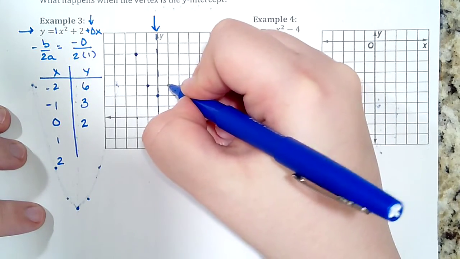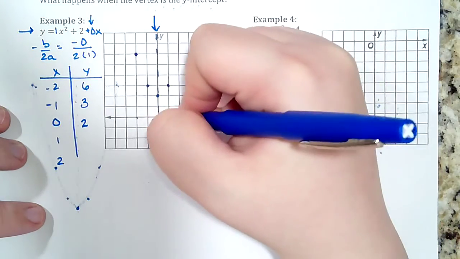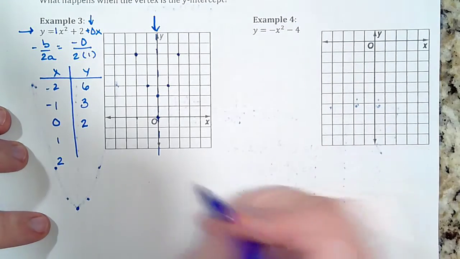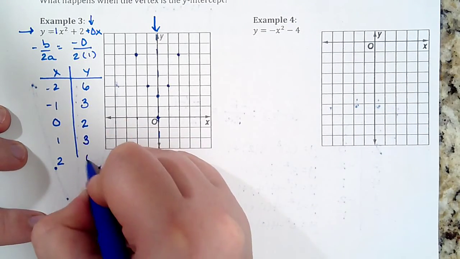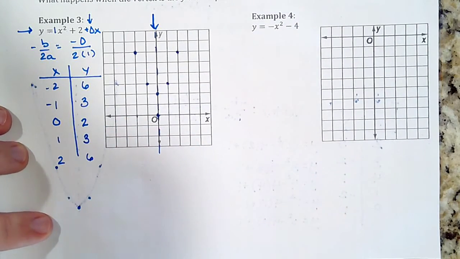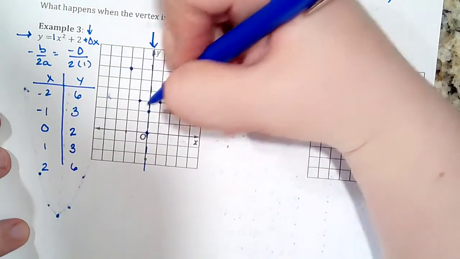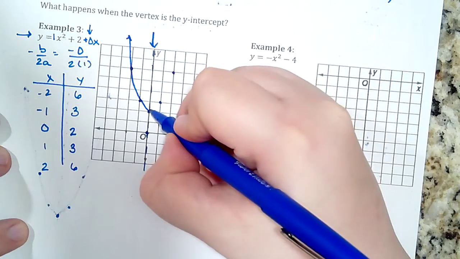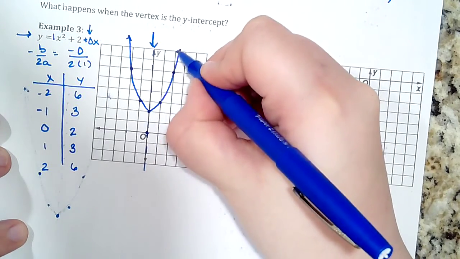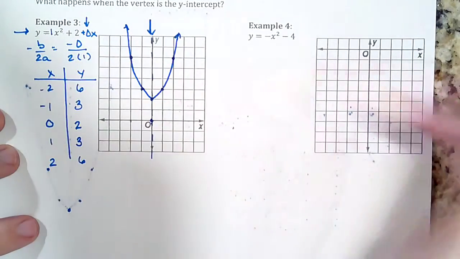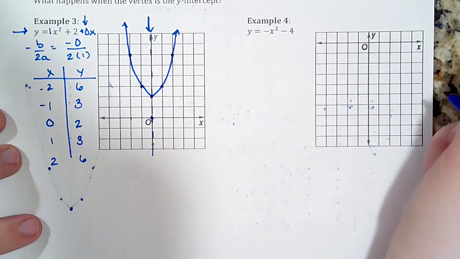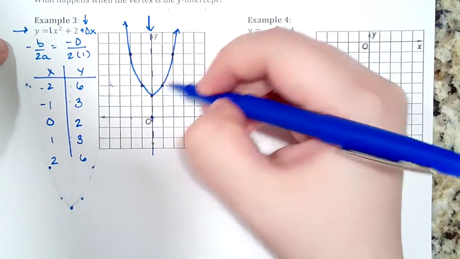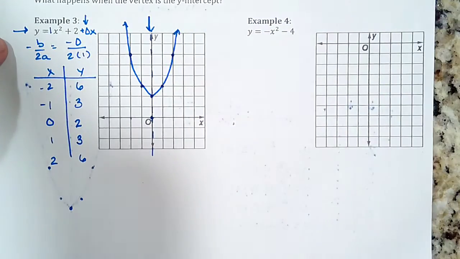I should get 1, 3, and 2, 6. When I plug things back in, I do, in fact, see that my prediction was right. And I can go ahead and double check this again because I see that this is what kind of quadratic function? It's a positive quadratic function, which means I should have a happy graph.